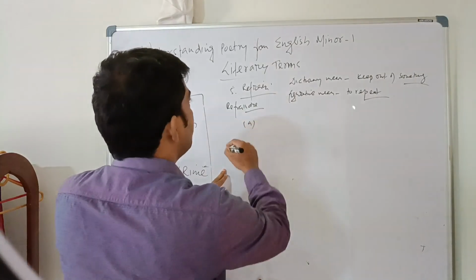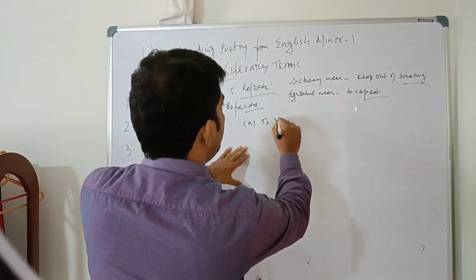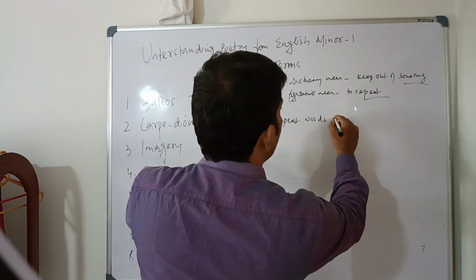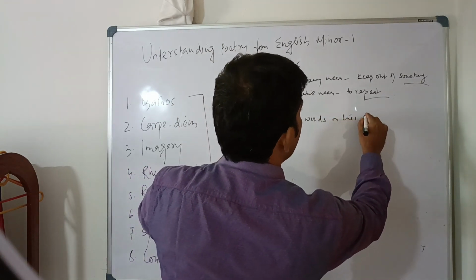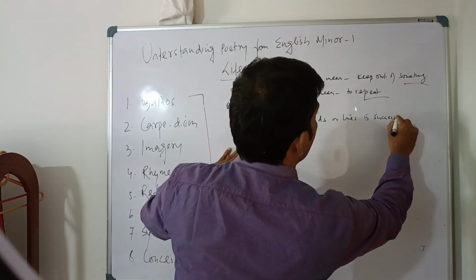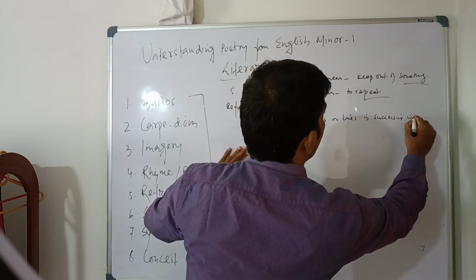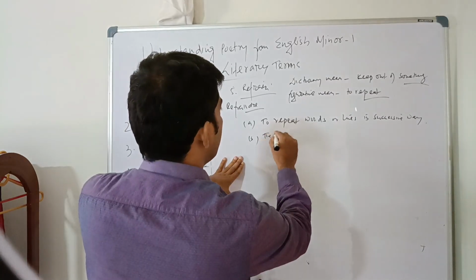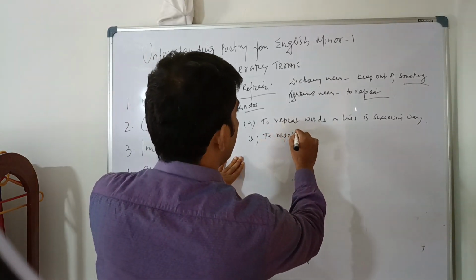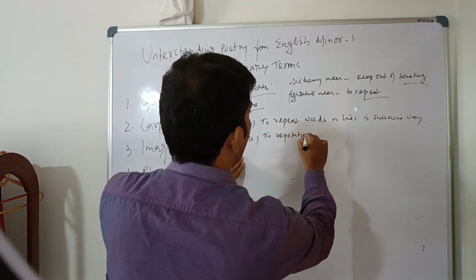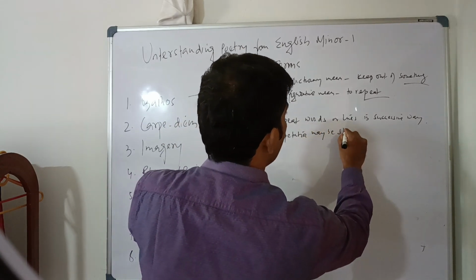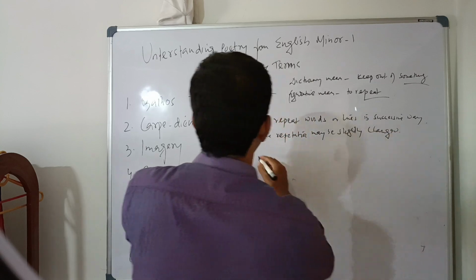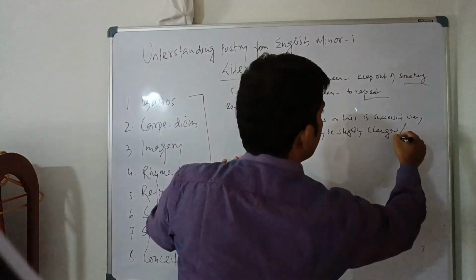So the main feature of refrain is to repeat words or lines in successive way. D is the repetition may be slightly changed, or modified.